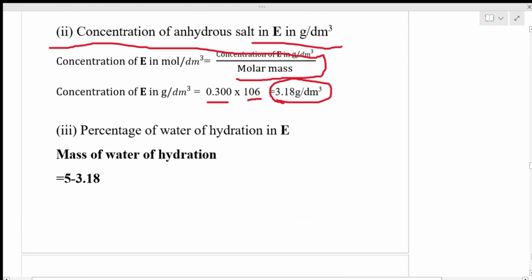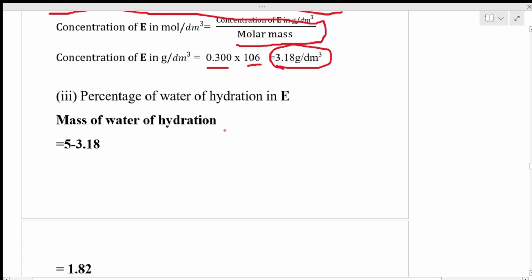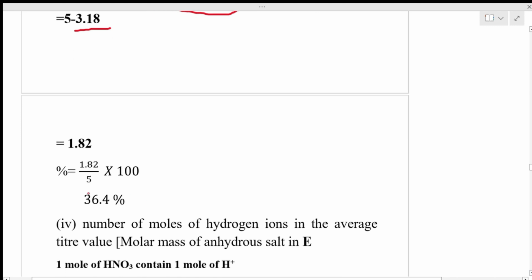We want to calculate the percentage of water of hydration. So the mass of water of hydration, we are going to deduct 3.18 from the given value. That gives us 1.8. So calculating the percentage, that's over the total multiplied by 100, giving us 36.4% water of hydration.